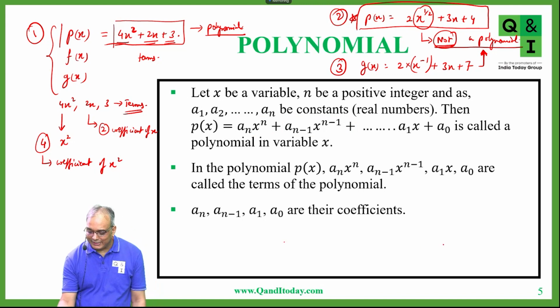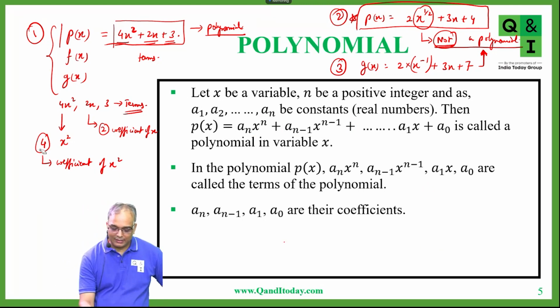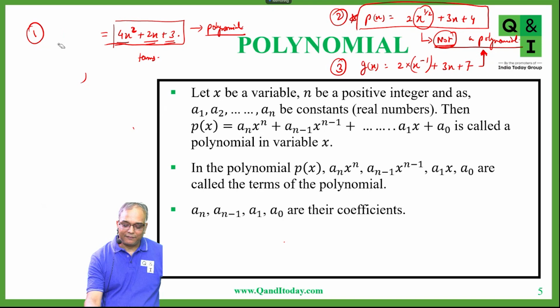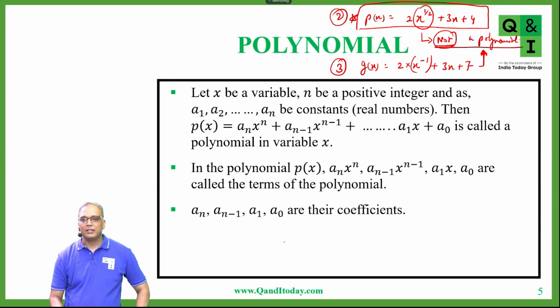See, what we are saying here is, let's say we take 3 examples, right? I'll just rub this also. And one by one, let us understand. So let us understand the definition of polynomial. An algebraic expression is called a polynomial if the degree or the power of the variable in that algebraic expression are all positive integers.